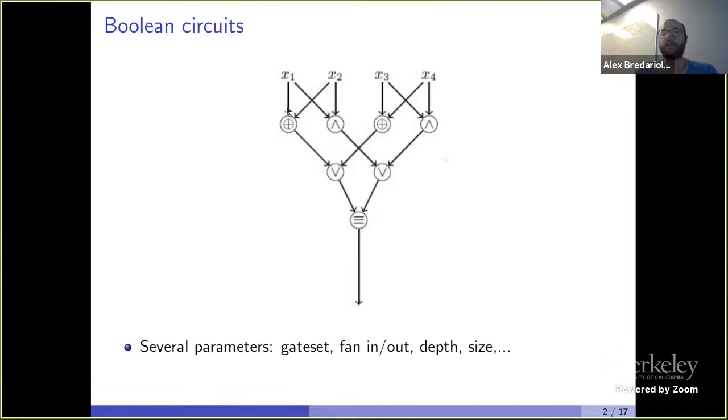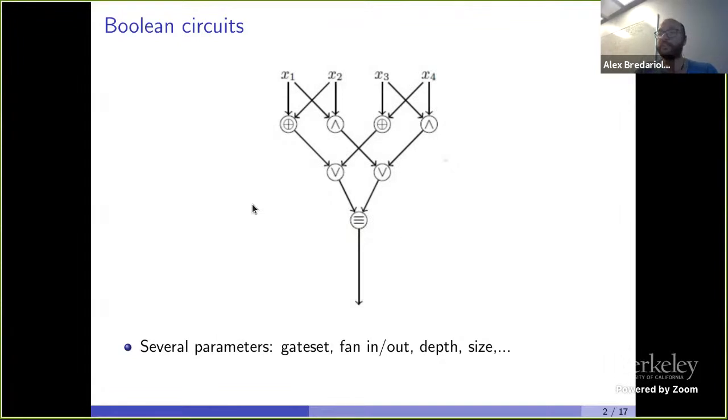You can choose how many bits could be the input to each gate, how many bits could be the output of each gate, what's the depth of the circuit, and the depth here is the maximal distance between an input node and the output node, and also the size. And the size here, let's say, is the number of gates in your circuit.